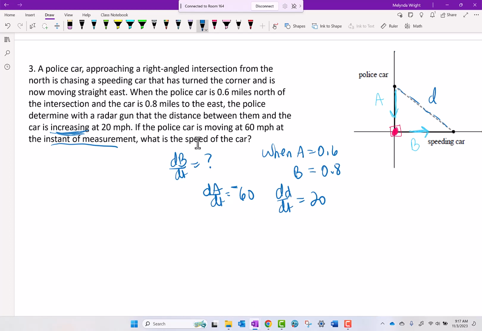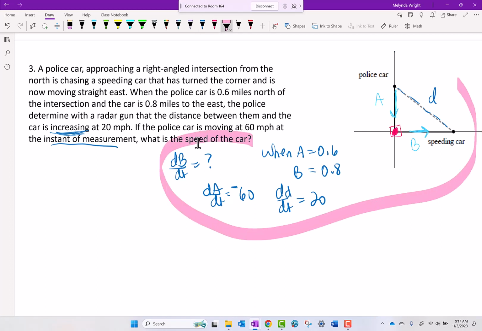Are we okay? So our setup, I'm just going to circle our setup. I just like to do that, just to make sure. Once we finish our setup, what are we supposed to do? We're supposed to write an equation that relates all the variables together. And this is another Pythagorean theorem problem, which is quite a common kind to do.